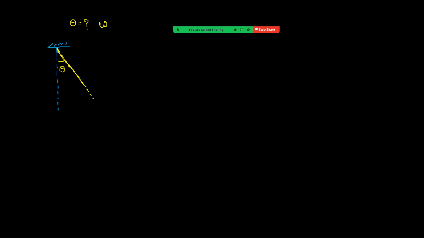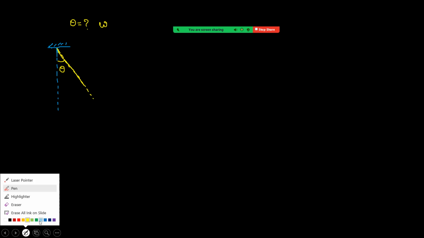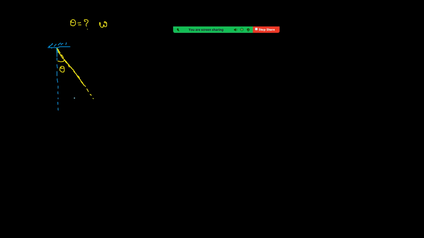Now see what we are doing here. One thing we can take is the torque due to the gravitational force. The gravitational force passes through the center of the rod. The torque due to the gravitational force should be balanced by the pseudo force torque. Since we are taking a rotating frame, we should take the pseudo force on each and every element of this rod.